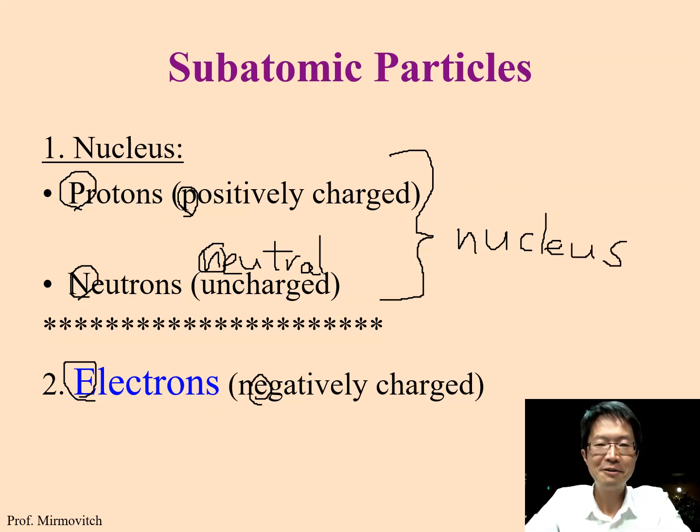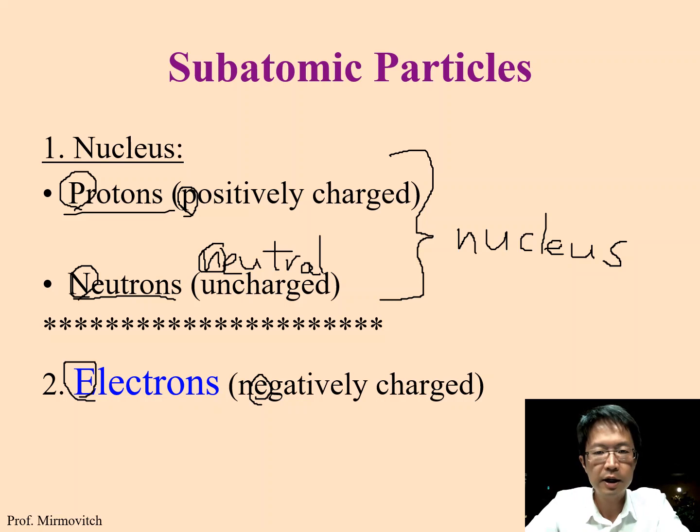So what is nucleus? Nucleus is the center part of an atom. And nucleus is also where most of the mass of the atom is located. So proton and neutron contribute to the mass of the nucleus.